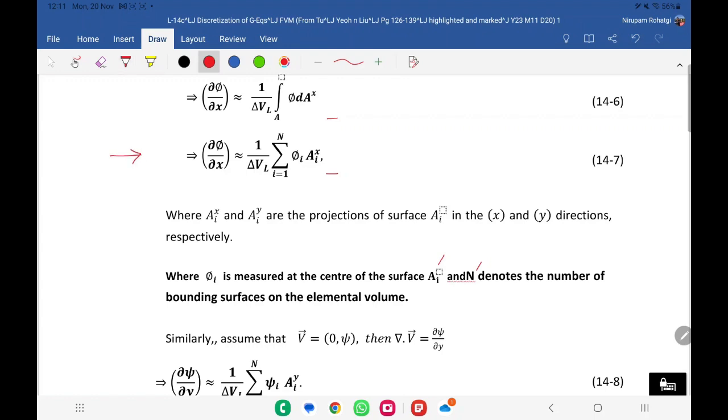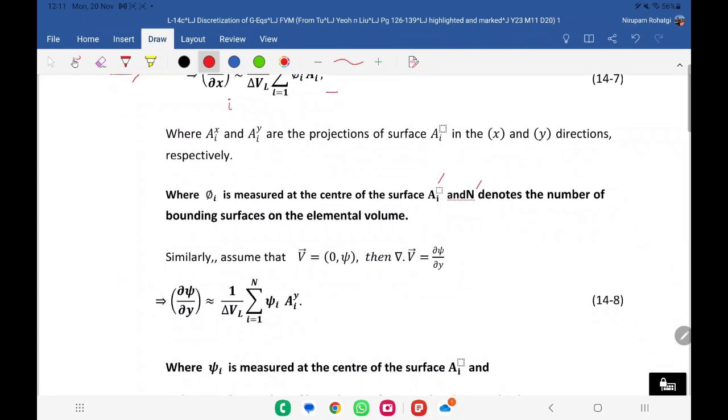You are finding it at the center of the surface, and you can break up that surface into a number of components and find this. Now similarly, if you want to find del phi by del y, you can find it like this.